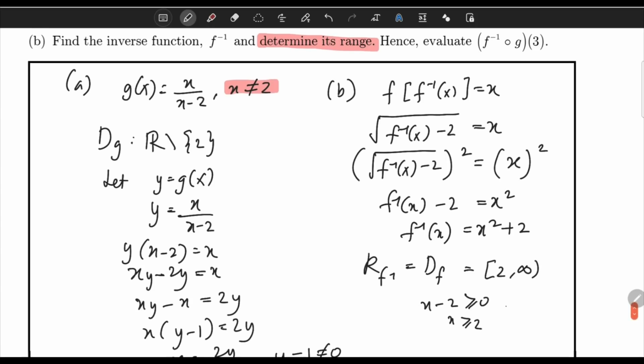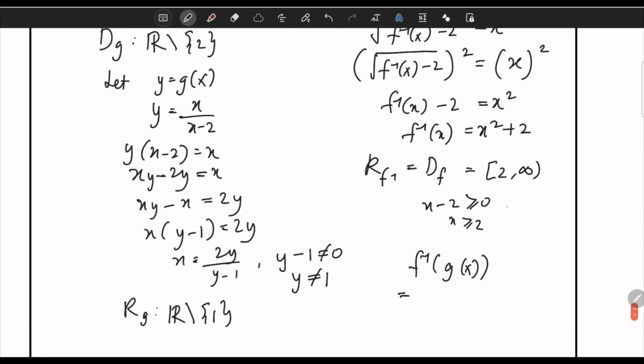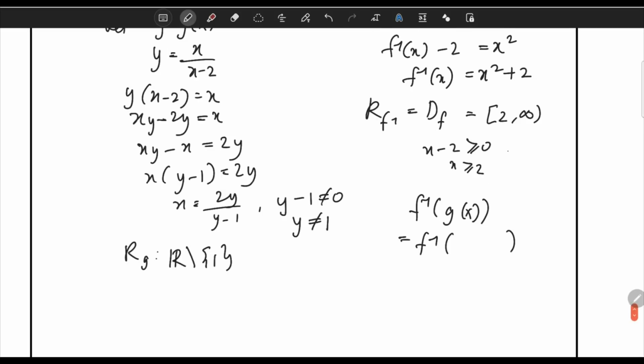Hence evaluate f inverse of g(3). So we need to get f inverse of g(x) first. So we substitute into f inverse. Your function g(x) is x over x minus 2. So substitute into f inverse: (x over x minus 2) squared plus 2.